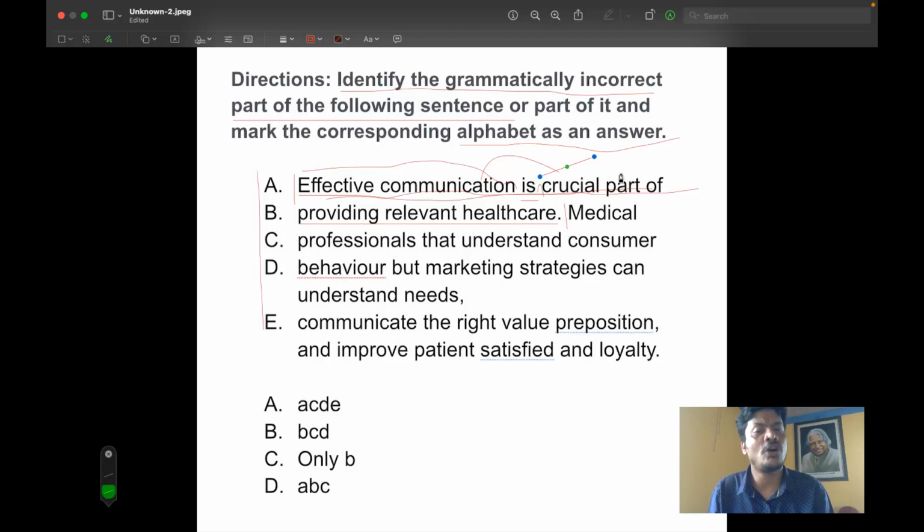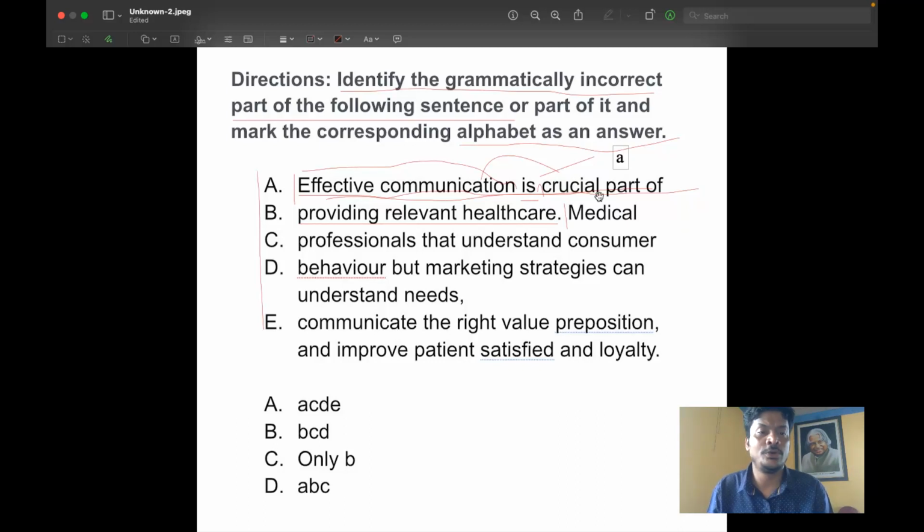A crucial part of providing relevant healthcare. So in that case, we need to add an article here. We need to add what? Article A. So it is: effective communication is a crucial part of providing relevant healthcare.